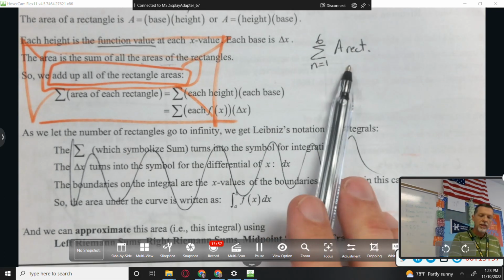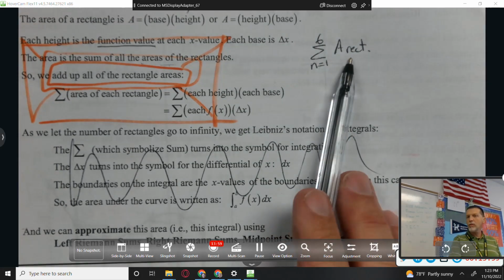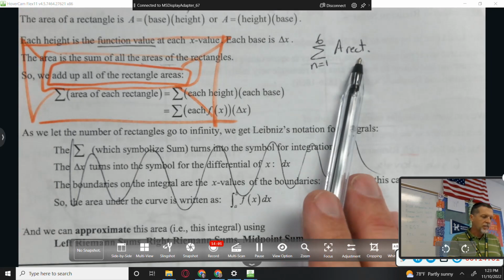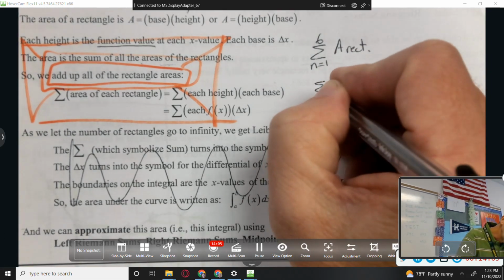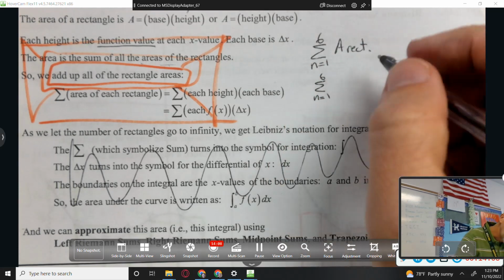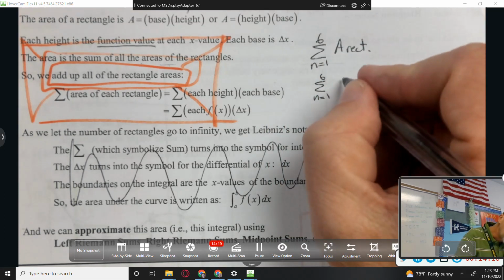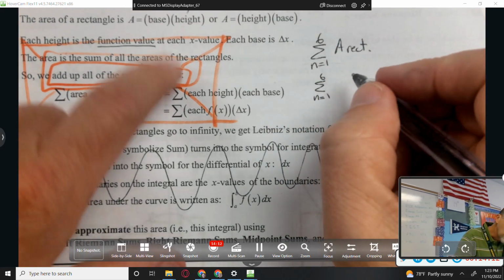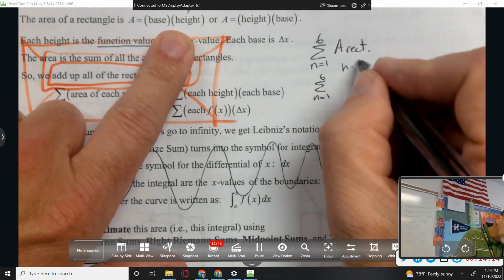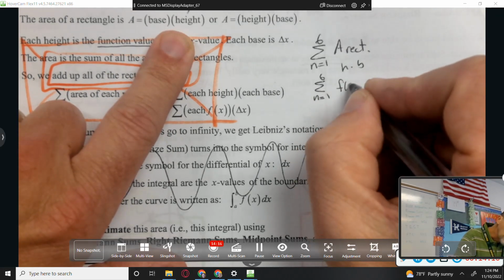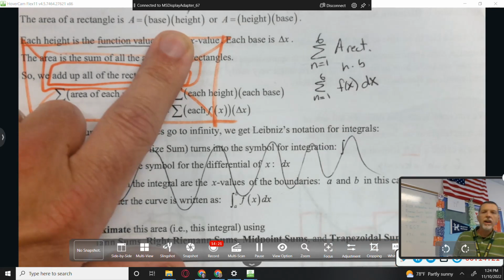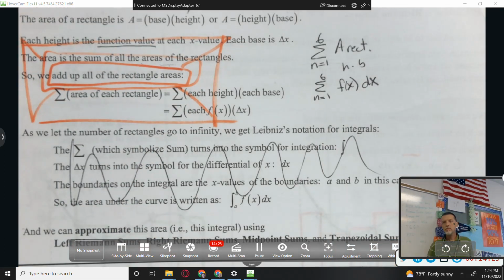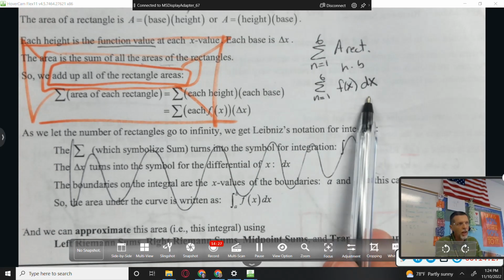That's what we would do to get the answer: area 1 plus area 2 plus area 3, all 6 areas. But if we want to get a little bit fancier, the area of a rectangle is base times height, or height times base. The height is f of x, and the base is dx. So we're adding up a whole bunch of y values times delta x's.